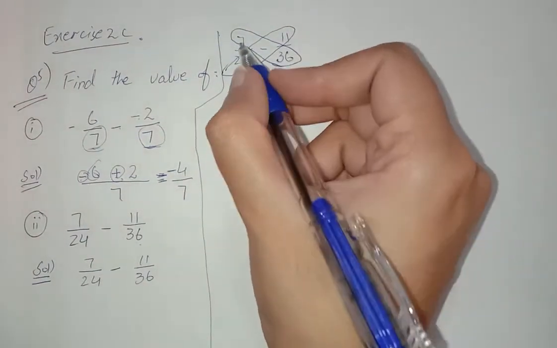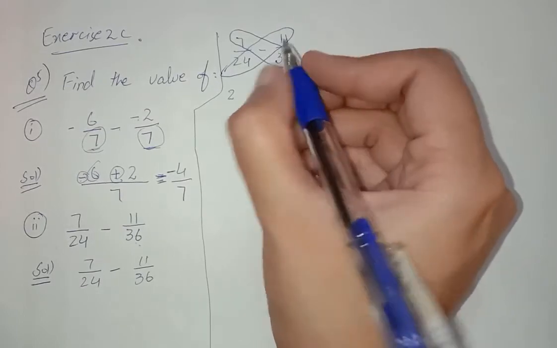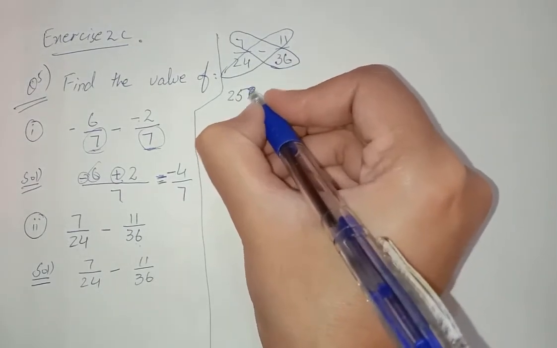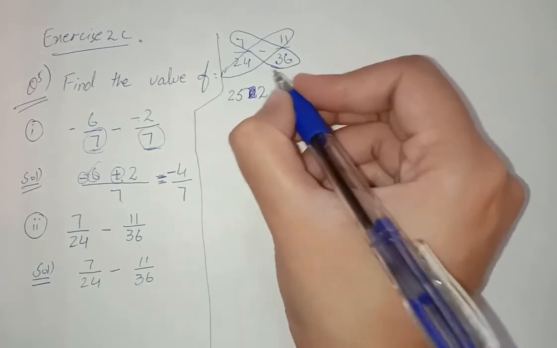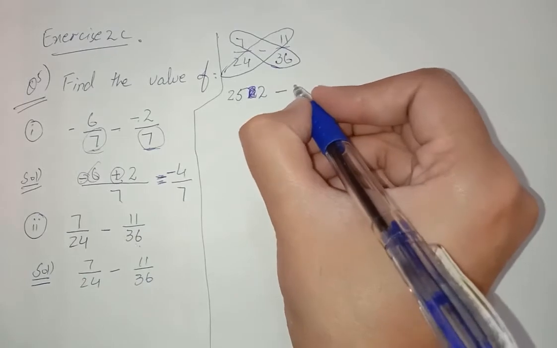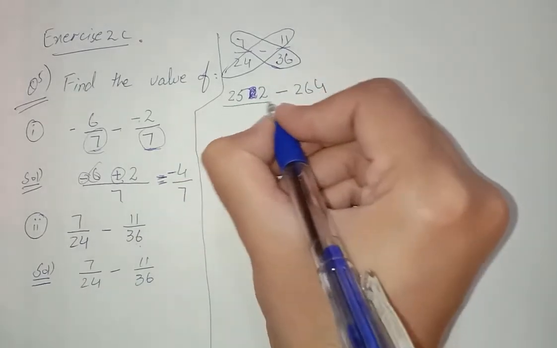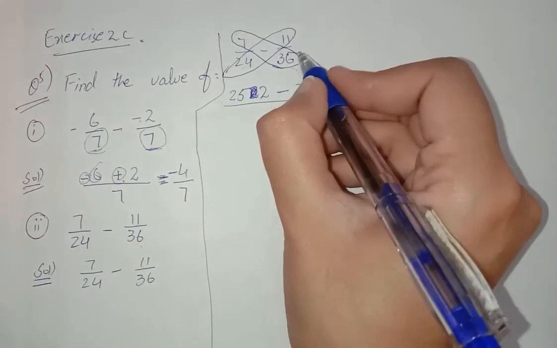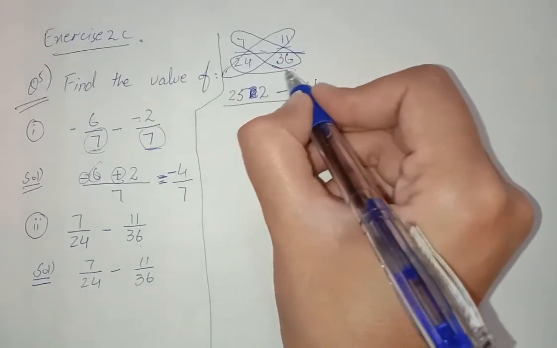If 7 is multiplied with 36, the answer is 252 minus, and if 24 is multiplied with 11, the answer is 264. These numbers are multiplied, and then next is this.